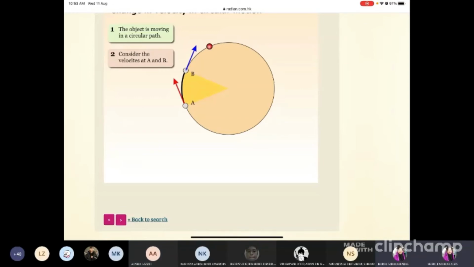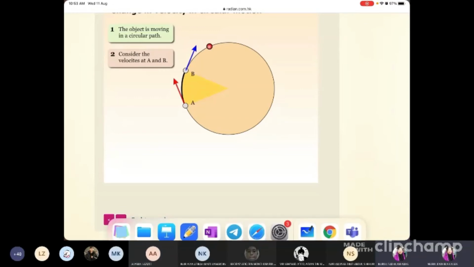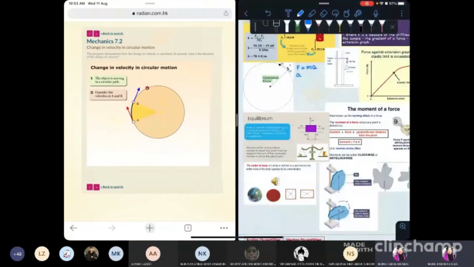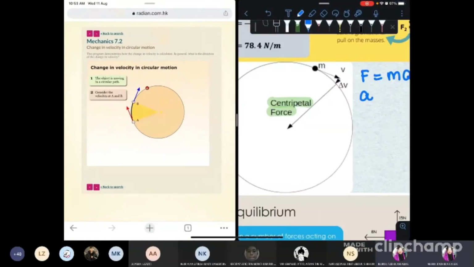Now, both of the values, saya buat kat sini, values of A and B is equal. So let's say V equals to, let's say lah, 10 meter per second.